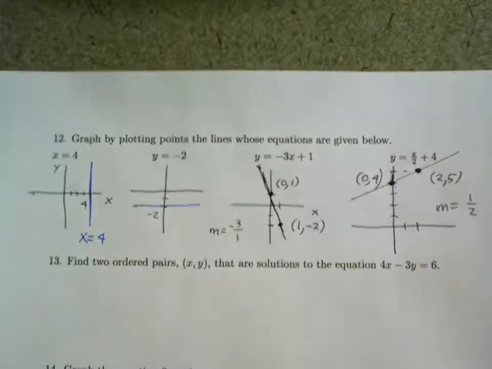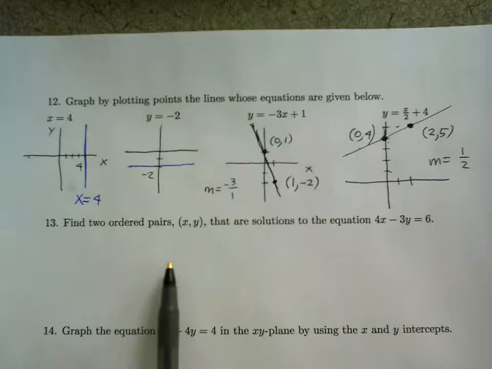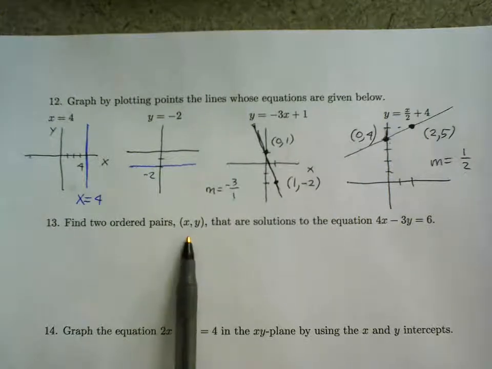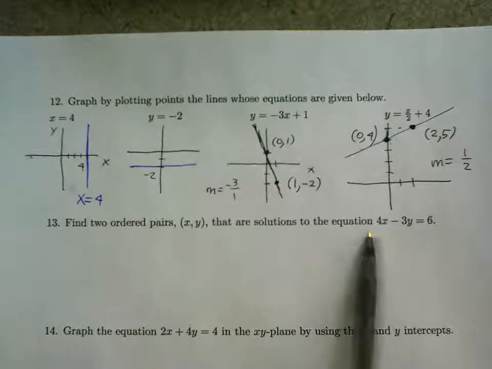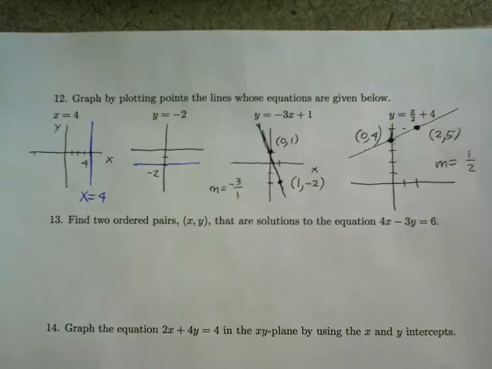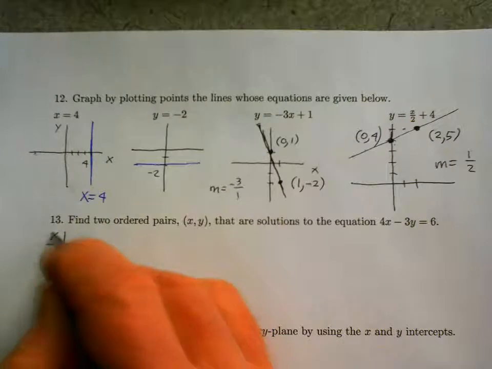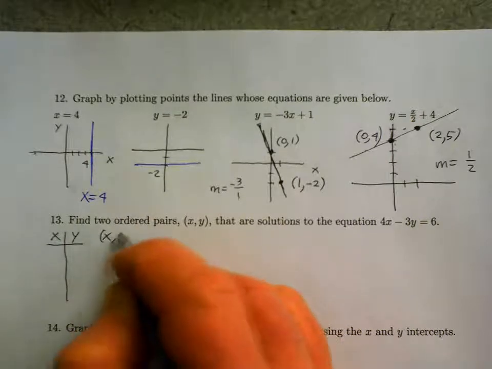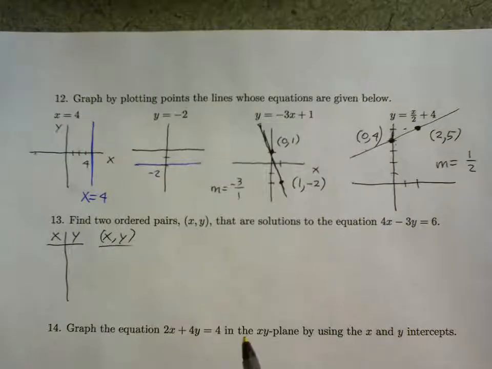Okay, in problem 13, find 2 ordered pairs, x comma y in parentheses, that are solutions to the equation 4x minus 3y equals 6. We have infinitely many choices to find solutions. We just want to find 2 ordered pair solutions.